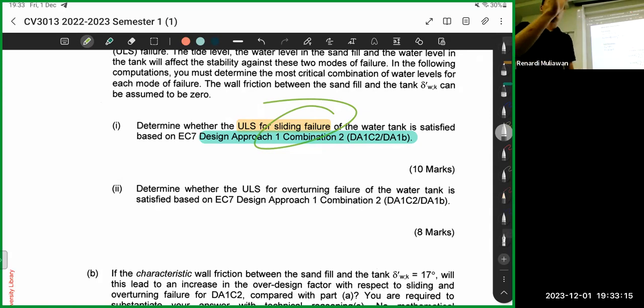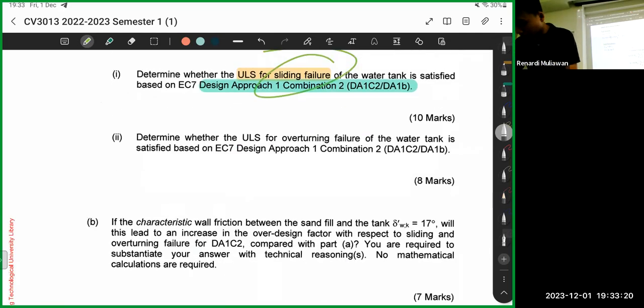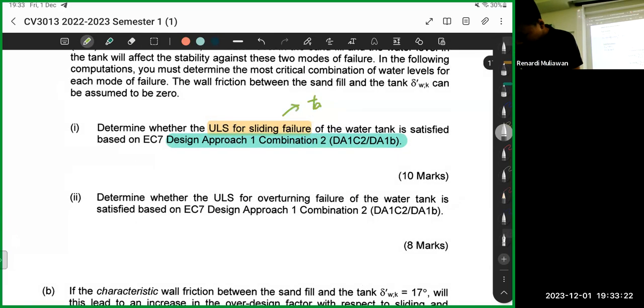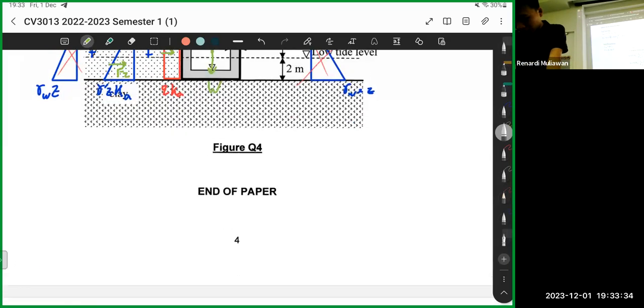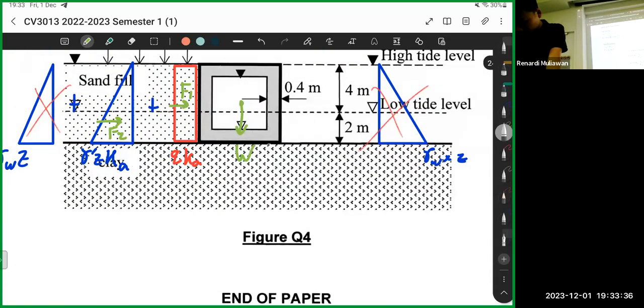The tank will always be empty, both in case 1 and case 2, because we want the most critical case. So the weight is just from the concrete.